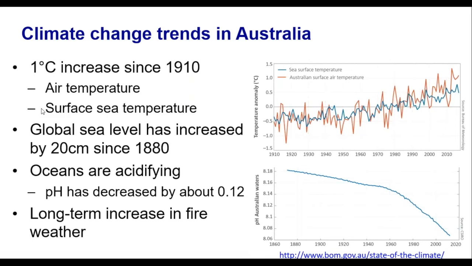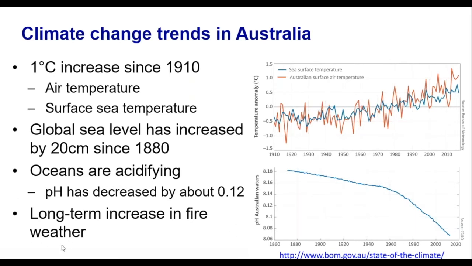The air temperature and the surface sea temperature are intimately linked, as we'll talk about later. There's been a global sea level increase by about 20 centimeters. The oceans, with increasing CO2, are acidifying slightly. So the CO2 changes into an acid in the ocean, and pH therefore decreases.